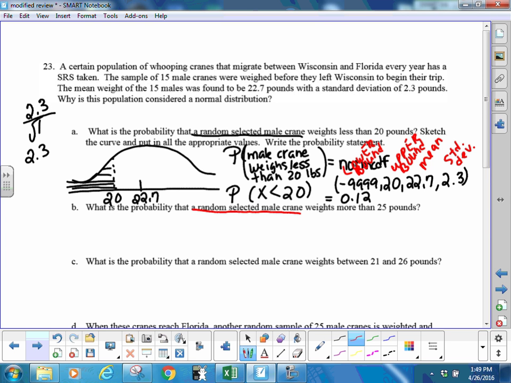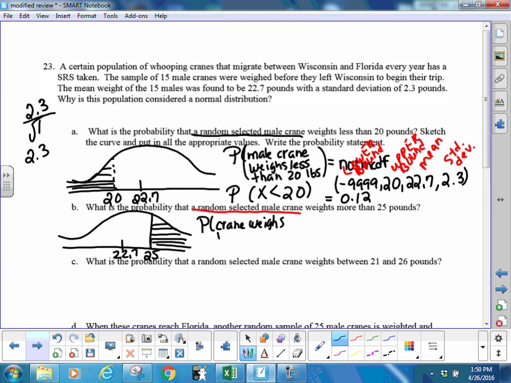Okay, so the B part, what is the probability that a randomly selected male crane weighs more than 20 pounds? So our sketch would look like this. Need a probability statement. Weighs more than 25. And I'm going to go below it.